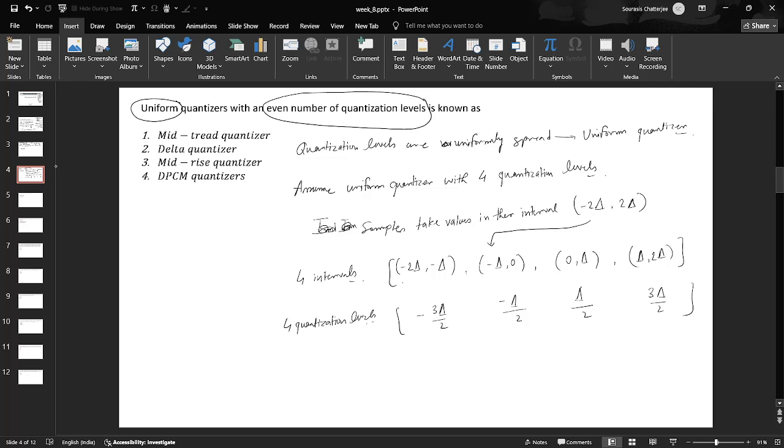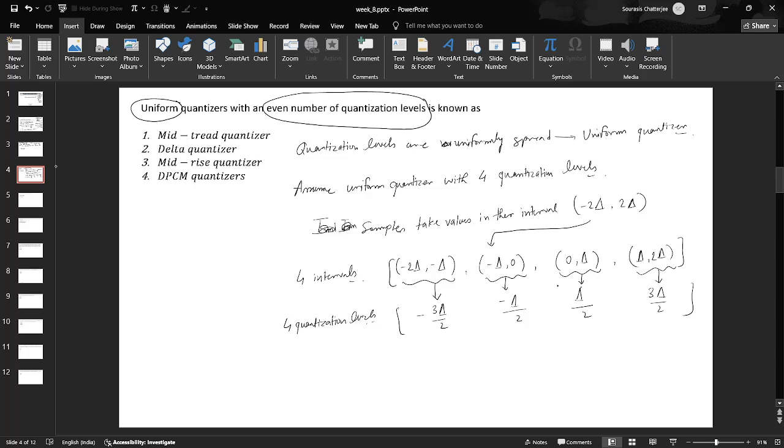Whenever the sample takes any value in the first interval, the quantizer is going to map it to a single discrete level, minus 3 delta over 2. Similarly, this interval maps to minus delta over 2, this interval maps to delta over 2, and the interval delta to 2 delta maps to 3 delta over 2.